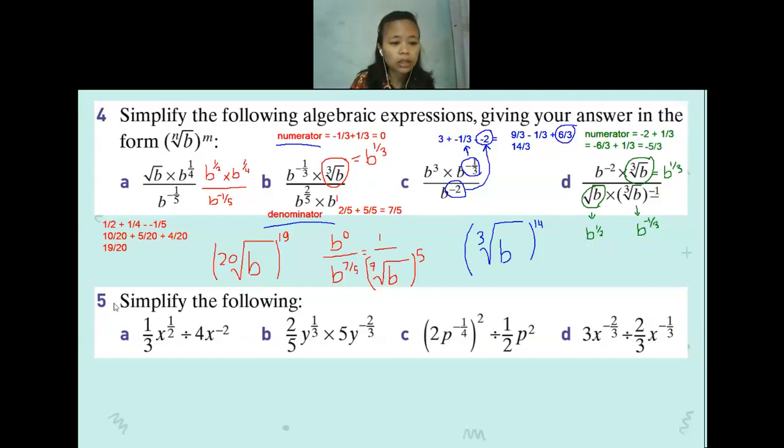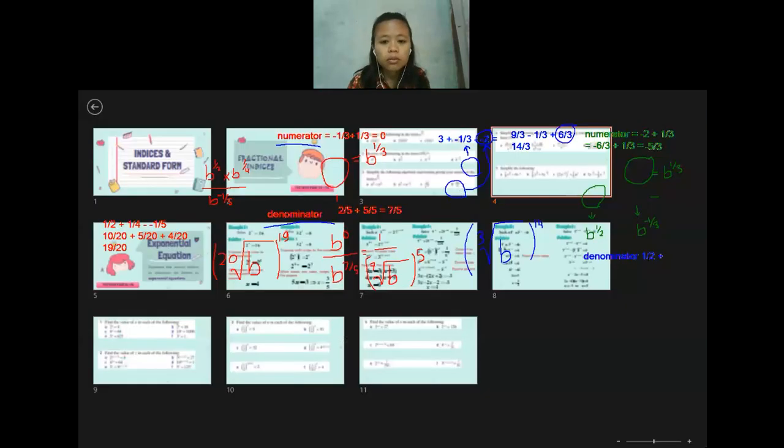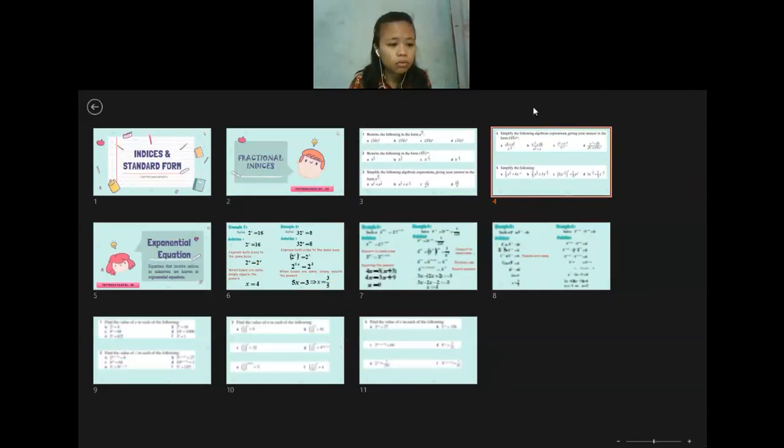Denominator, wait, let me change the color. The denominator, we have b to the power of a half, and also b to the power of -1/3. It is a multiplication, so we have to add them. Oops. Wait. Why suddenly like this? Is my screen visible for you?